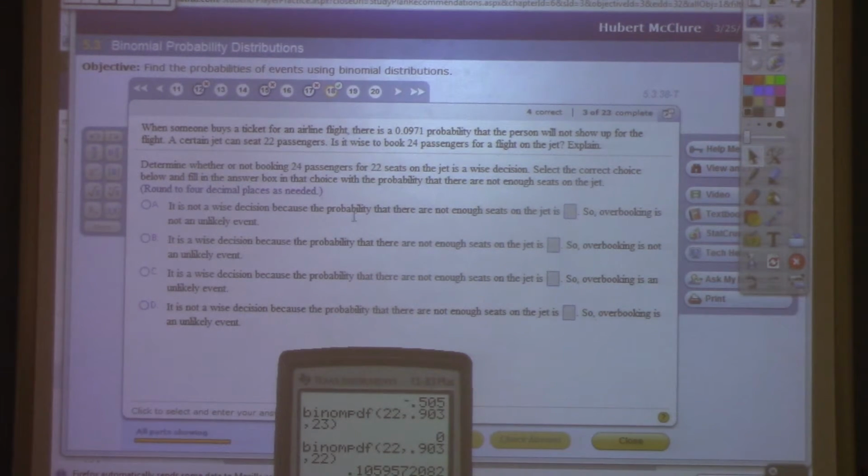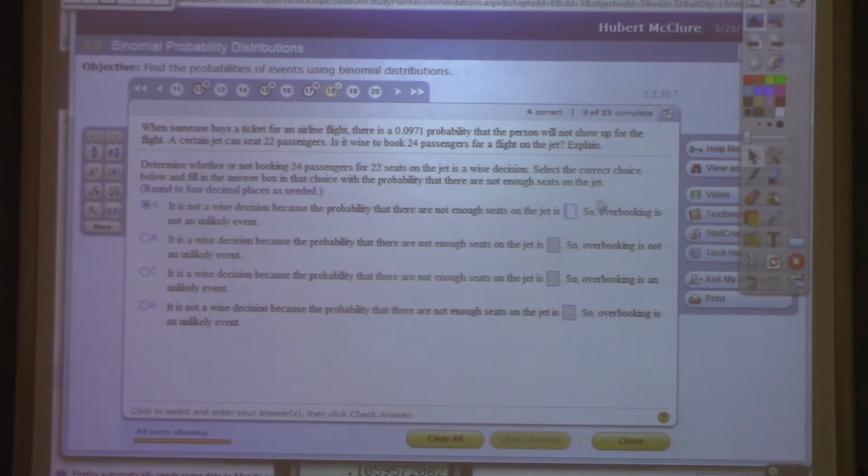Let's see. It is not a wise decision because the probability of not enough seats on the jet is. Well, the probability of enough seats is 11%. So not enough would be what? 0.9. I would say the probability of not enough seats, I don't think this is right.